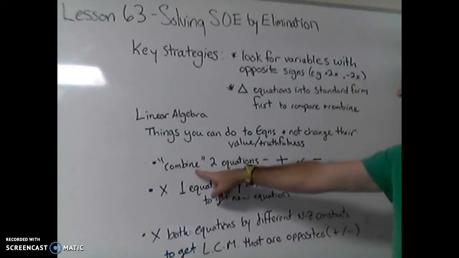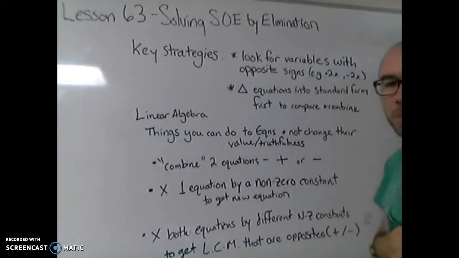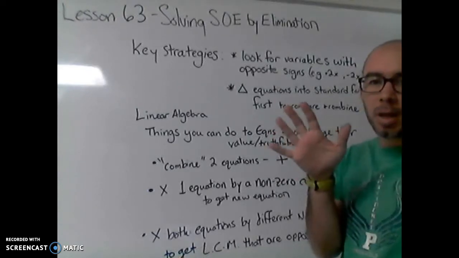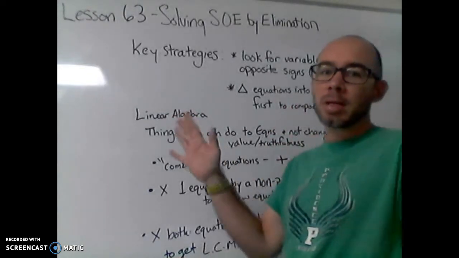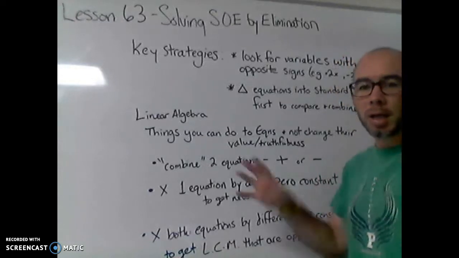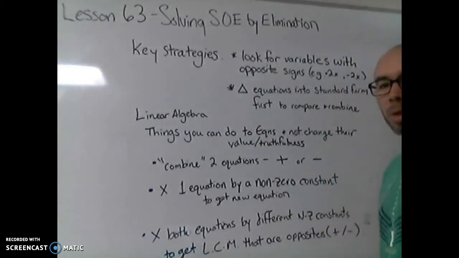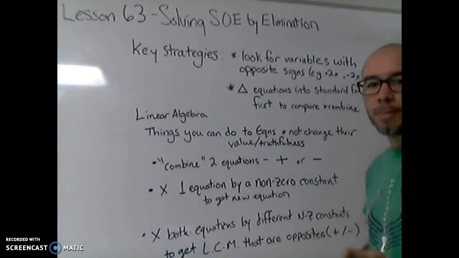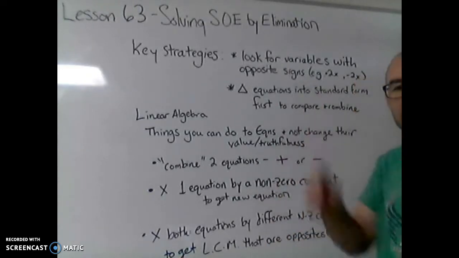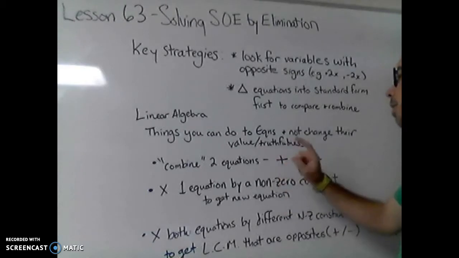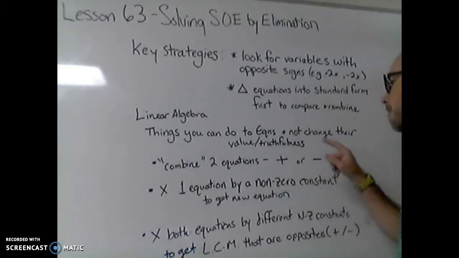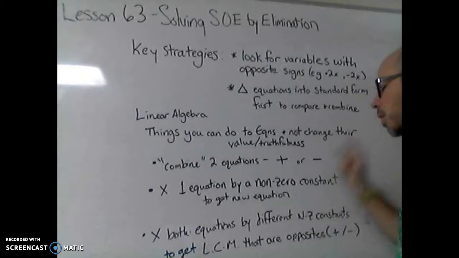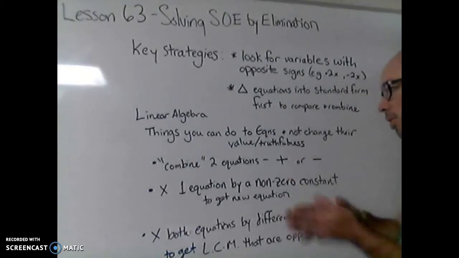So one of those things you can do that we'll start with is combining. And the book separates combining into specific separate steps: add 2 equations together and subtract 2 equations together. I like to put that all in one category because subtracting is just adding a negative value. So we're going to call it combining 2 equations by either adding or subtracting, squish them together.